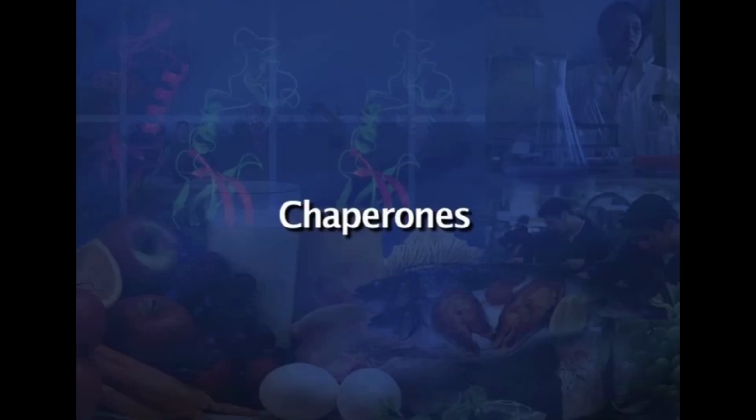Now, we have some molecules called chaperones. These chaperones can be DNA or any other biochemical macromolecule which binds to a protein and helps it in the folding process. They prevent the formation of incorrectly folded intermediates that may trap a polypeptide into an improper form, thereby losing its function.